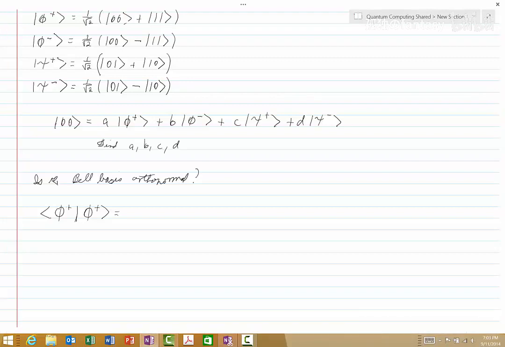Okay, so when we do this, remember that for the scalar part, when we take the dual of a ket multiplied by a scalar, we take the complex conjugate of the scalar, and the dual of the ket will be the corresponding bra. So what we will have here is 1 over square root of 2, complex conjugate, times the bra of |0,0⟩ plus |1,1⟩.